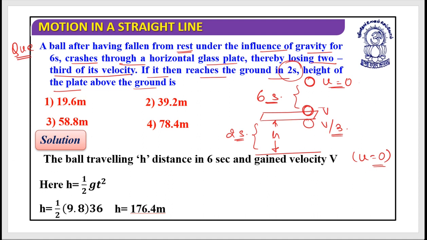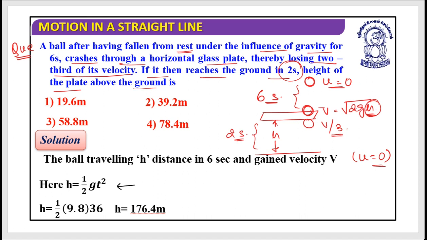Let's find out this velocity, and it can be calculated as v equals root of 2gh, because v square equals u square plus 2gh. But before this I require this h that I don't have. So first, on a very basic step, I need to find h, and that can be calculated as h equals 1 by 2 into g t square.